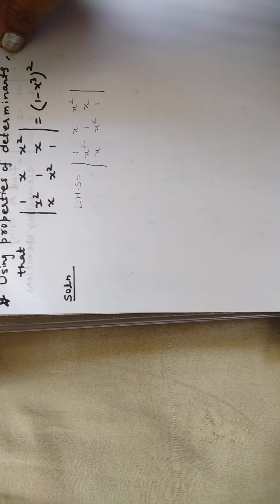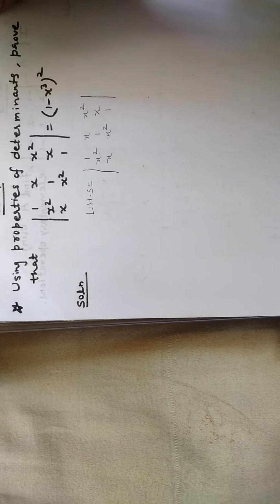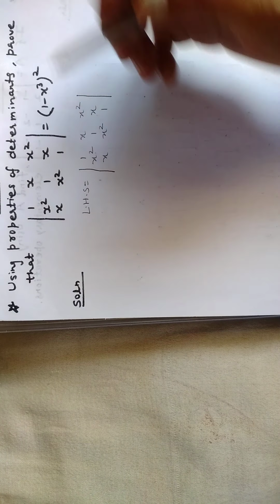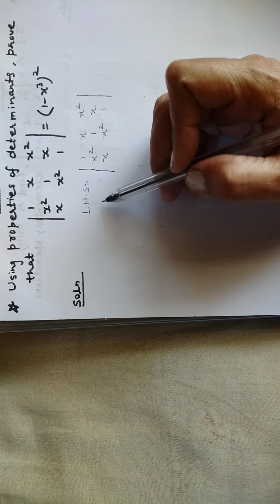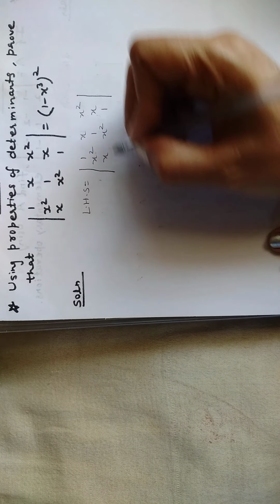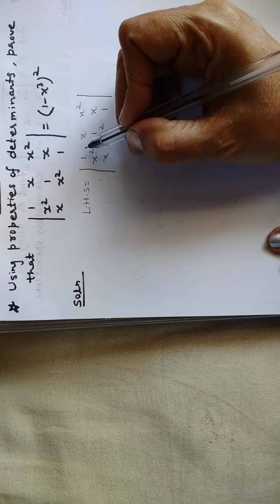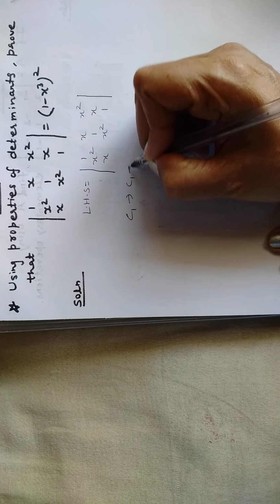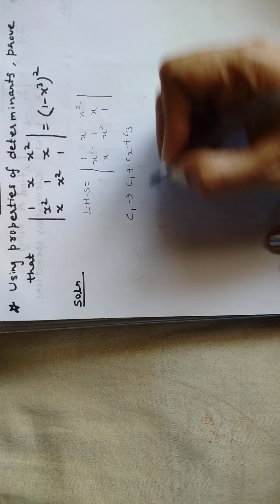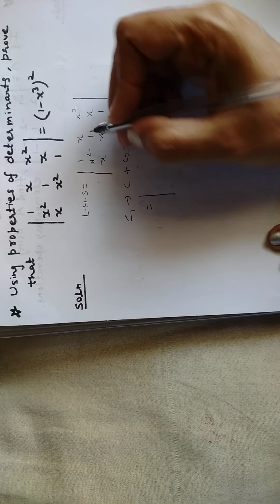Now next is, using chapter 4, using the properties of determinants, you have to prove that this left hand side is equal to this. Then solution, you will take this left hand side, then see, on applying operations C1 goes to C1 plus C2 plus C3, what will you get?